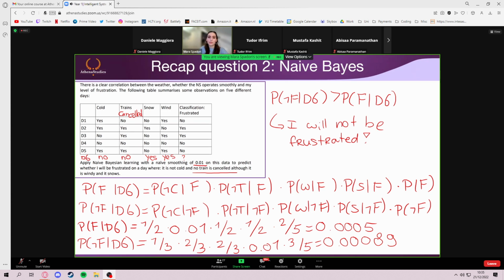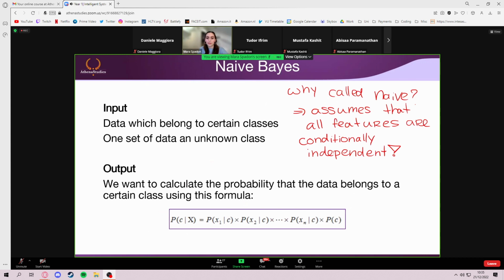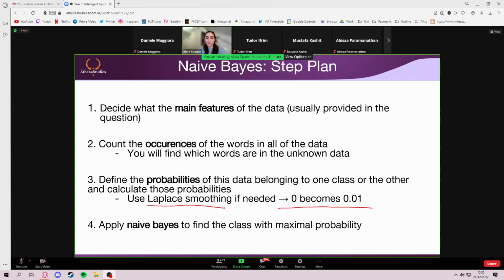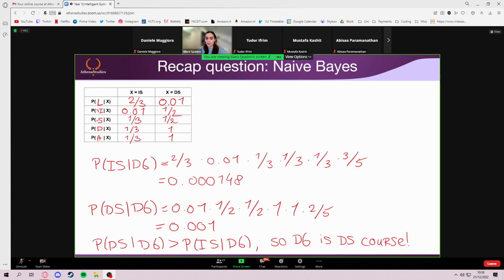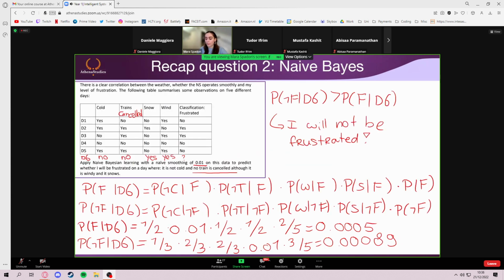So are there any more questions about naive Bayes? If you would apply this step plan, applying smoothing, using the formula, anything about this? What if we have the same probabilities for frustrated and not frustrated? Then it will not really be classified, I think. Then it will just be indecisive in the end.